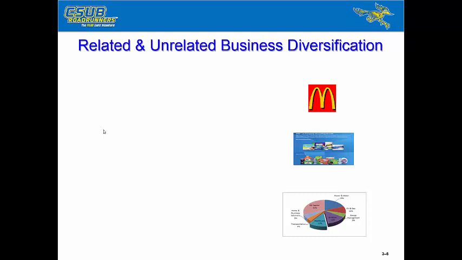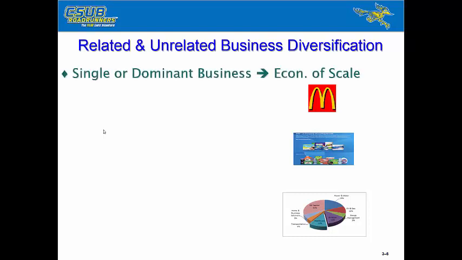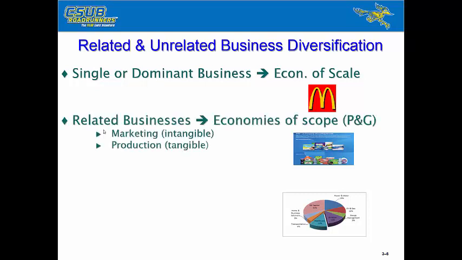There's 2 different kinds of diversification, or coupling together of different lines of business, related and unrelated. So related tends to be a single or a dominant type of business, and you normally do that in order to achieve economies of scale. The example here is McDonald's.